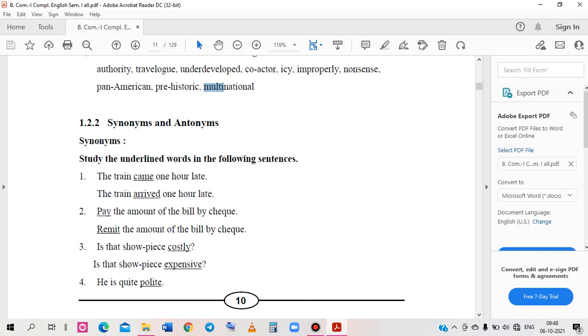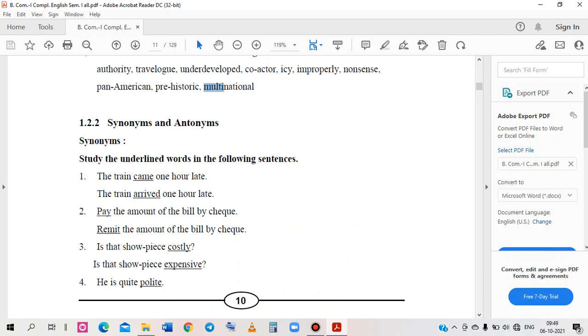Now synonyms and antonyms. Synonyms and antonyms are the words which show correlation between two words. It may be similar or it may be opposite. For example, study the following examples. The train came 1 hour late. The train arrived 1 hour late.